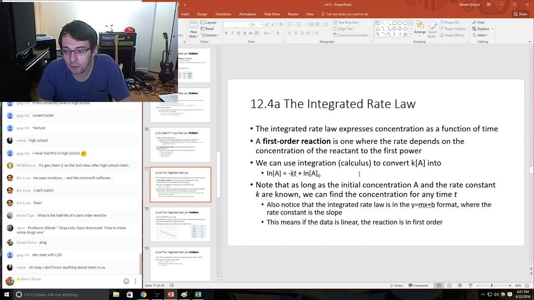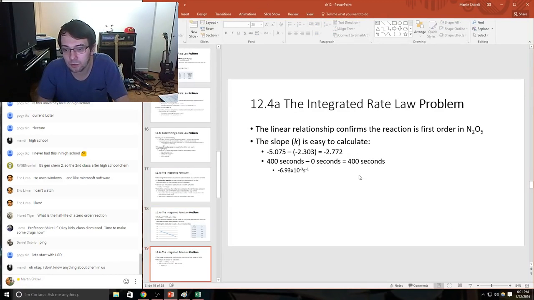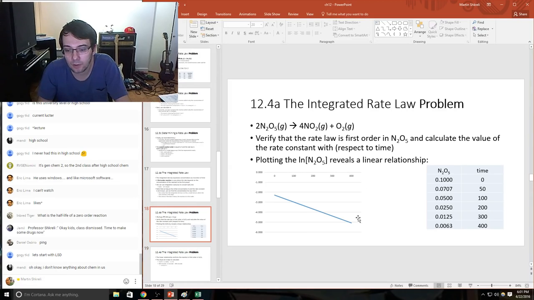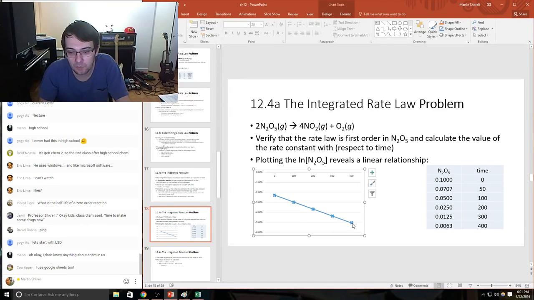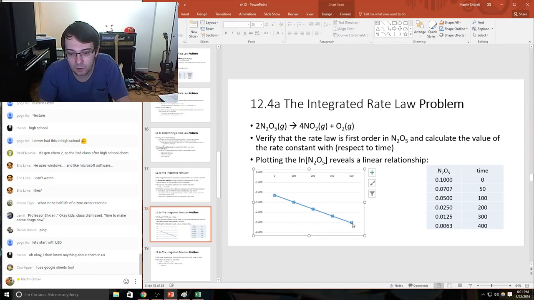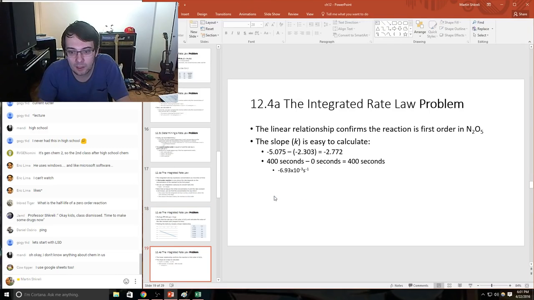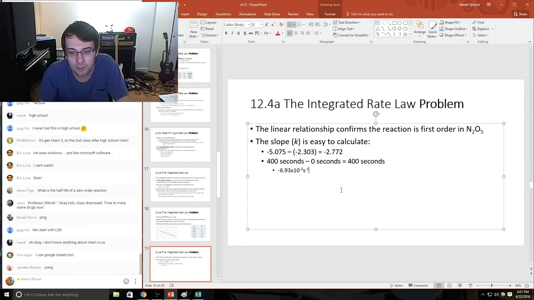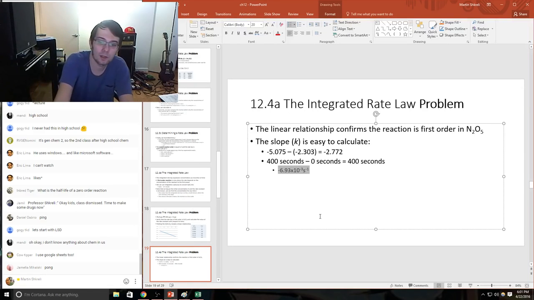So we can just take any of these values. What's amazing is we take the log transform value. We take this value, which is 5.0 something, and negative 2.3, and we take the delta. We see it's negative 2.772 over 400 seconds, which means this is the new value of k.